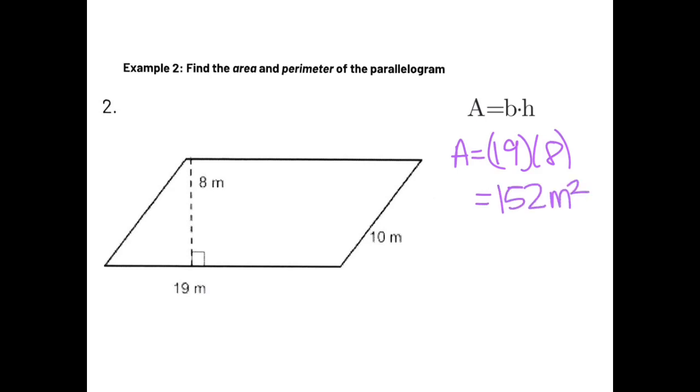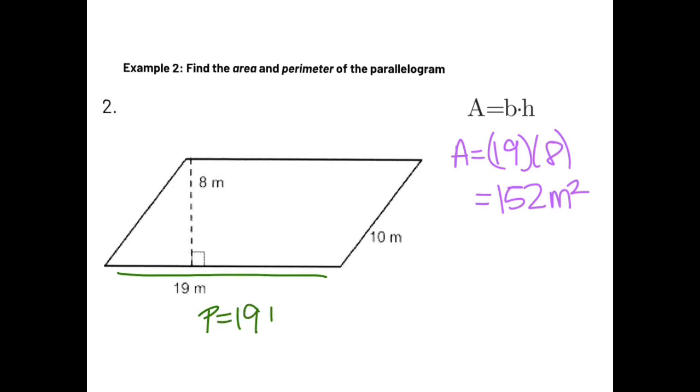Now, I did not mention the perimeter formula because there really is no formula for perimeter when it is not a rectangle. Technically a parallelogram, we can use that same formula because the two opposite sides are congruent. They are the same, but just to remind you that it is just the distance around the object. So it's going to be the 19, let me write P equals here.